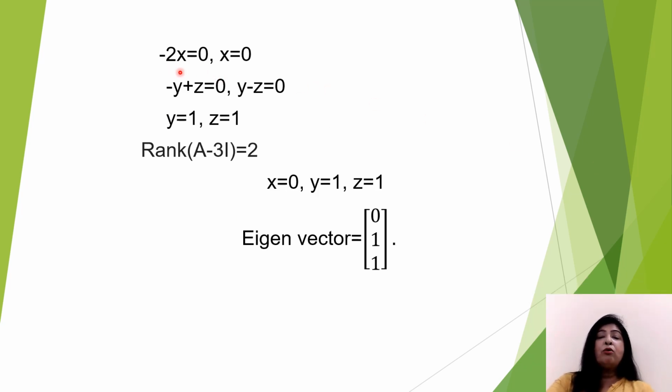Now solving it out, minus 2x is equal to 0. Minus 2 is a constant, so ultimately you will get x is equal to 0. Next equation is minus y plus z is equal to 0, or y minus z is equal to 0. So let us take y is equal to 1, z is equal to 1. When you take y is equal to 1, z is equal to 1, x is equal to 0. So our eigenvector becomes (0, 1, 1).